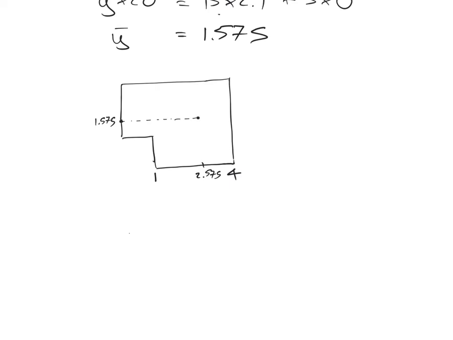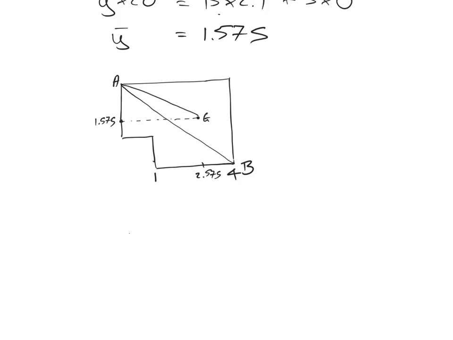Okay, and we want the angle between that line and that line. Because this is my vertical AB and AG, that's the one that hangs horizontal, so we want this angle.